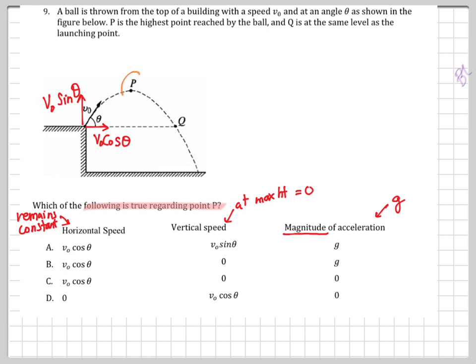So at point P, vertical speed will be equal to 0. And magnitude of acceleration will be G. We are not writing it as minus G because it's talking about magnitude. So our correct option will be B, which says horizontal speed is V0 cosine theta, which does not change. Vertical speed is 0 and magnitude of acceleration is G.